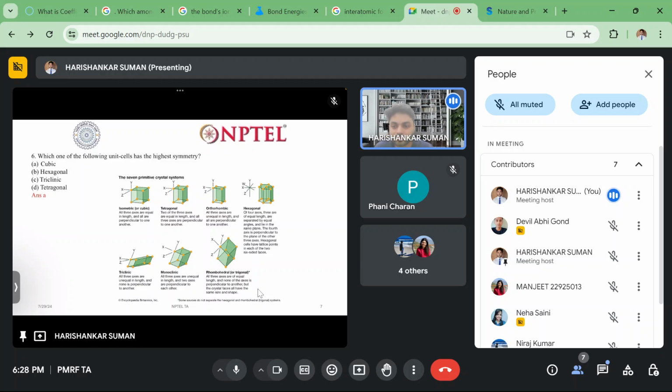Other systems as compared to cubic do not have it. Cubic has the highest because all angles and all lengths are equal, so the system can be folded by axis, by angle, along the length. Okay, so cubic has the highest.